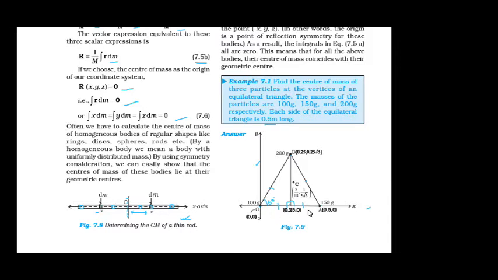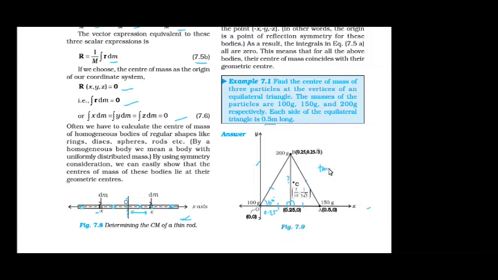The whole length of the side is 0.50, therefore the midpoint length is 0.25. So the coordinate of the midpoint is 0.25 comma 0. Now we know this is 0.25, but we don't know the height. How can we find the height?